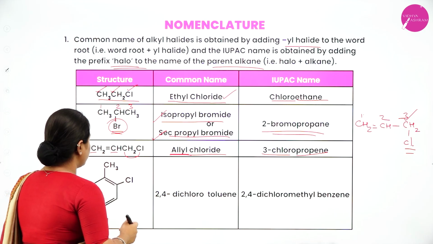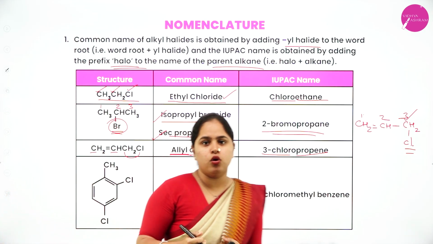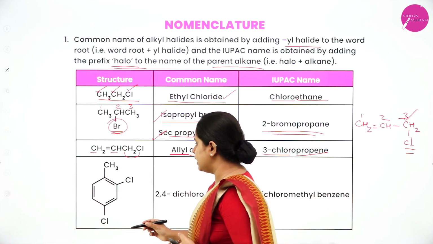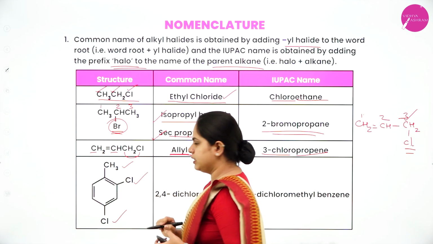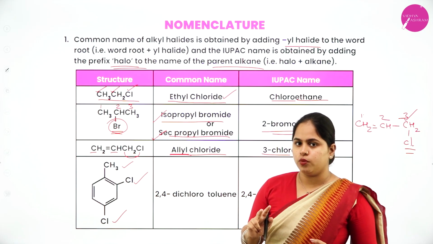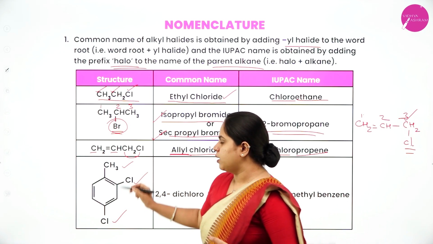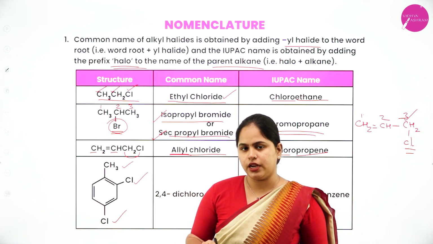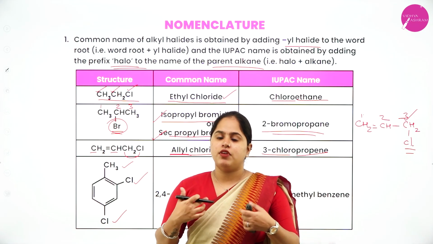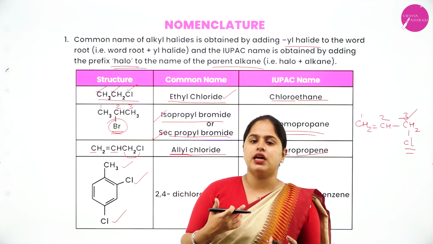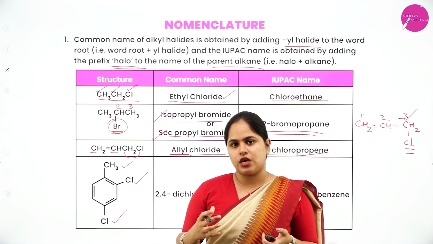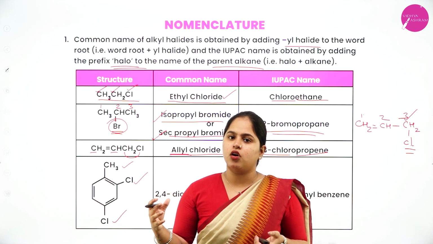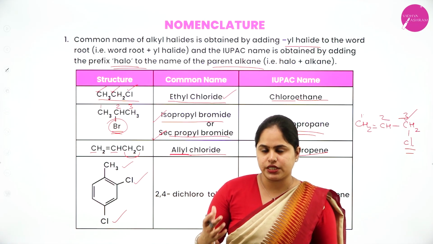Clear? Now, moving on to the next one, which is an example of a haloarene. You can see a benzene ring here. One CH3 group is present, one Cl and another Cl. So there are 2 chlorine atoms and 1 methyl group, right? Now in this case, we have already studied in class 11 that according to IUPAC nomenclature, if many constituents are present, they have to be named in alphabetical order.